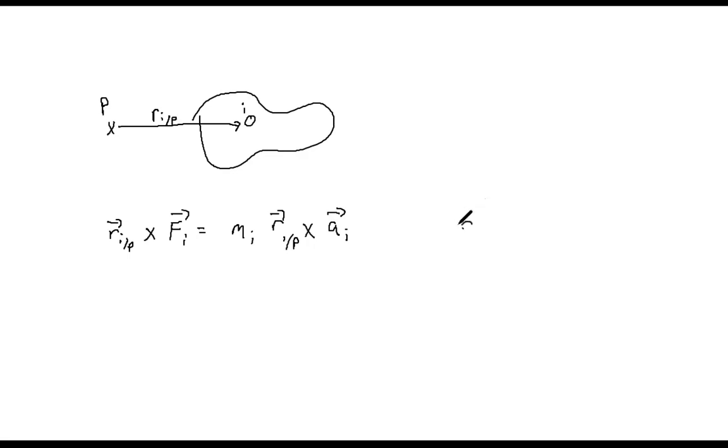We know that the acceleration of point I can be written as the acceleration possibly of a point P. This term will be 0 in all the examples we study today, but for next time it wouldn't necessarily be. And then we have the tangential component, which is alpha cross the relative vector from P to I. And then minus omega squared times the relative vector, which is the centripetal portion.